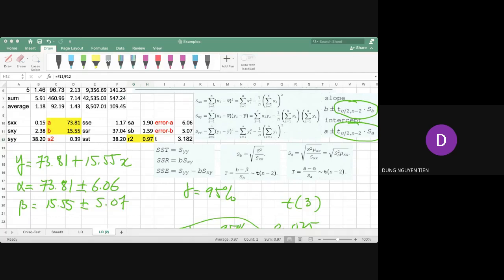Okay, so I think that's everything you need to know in this chapter for the final exam, right? In the project, you need to use not just a simple linear regression model. You may think about a nonlinear model. You may think about a multiple regression model. Okay. All right.